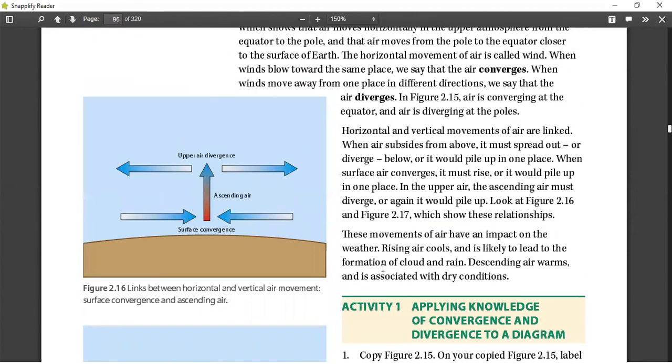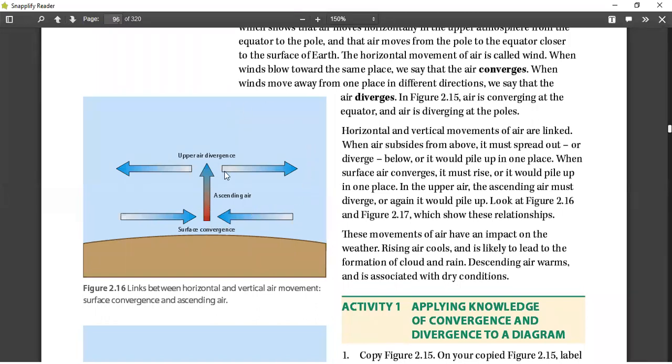Right, figure 2.16, links between horizontal and vertical air movement: surface convergence and ascending air. There we have the arrows, surface convergence, ascending air. It moves up, becomes cool, and then it diverges, which means it moves further apart, and then it goes around and comes back to converge at the surface, and then it moves up again.